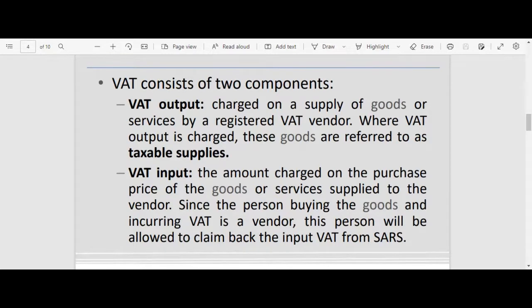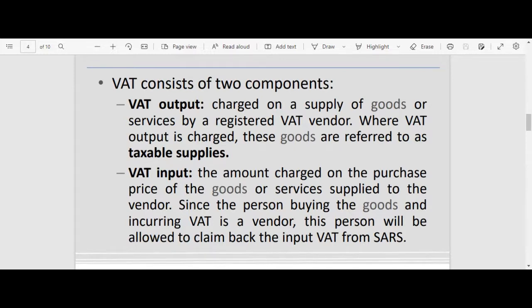If the company has supplies of 1 million rands or more per year, so this is per annum, not per month. If the business, whether it's a company or a sole trader or a partnership, any kind of business, has got supplies of goods or services equaling or exceeding 1 million rands per year, it is compulsory to register for VAT purposes. They have no choice. They have to register for VAT purposes.